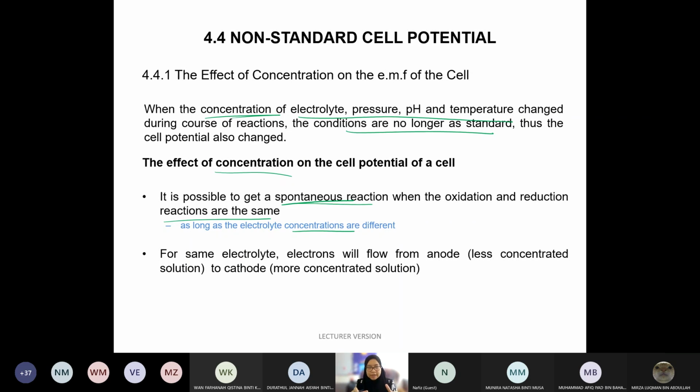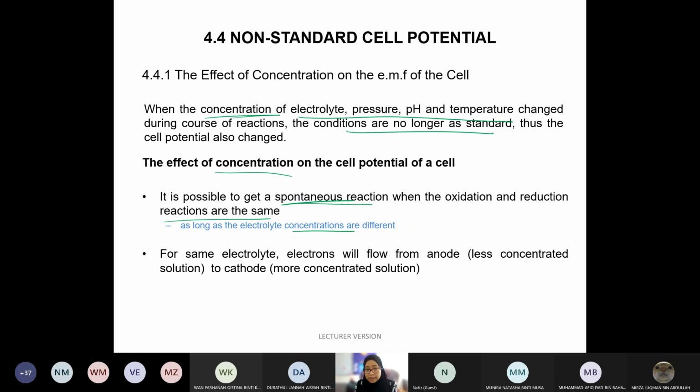Tapi kalau kita ada copper and copper, dua-dua copper, by right, there should be no difference in potential, betul tak? Kalau dah copper, benda yang sama, so by right, there's no difference in potential. Bila ada difference in potential, baru dia bergerak. Memang dia tidak akan bergerak kalau both of them are having the same solution concentration. Maksudnya 1 molar. That one, it will be 0 because there's no difference in potential.